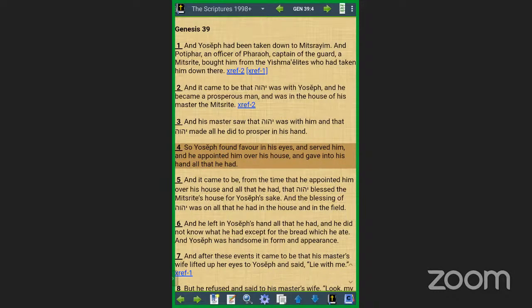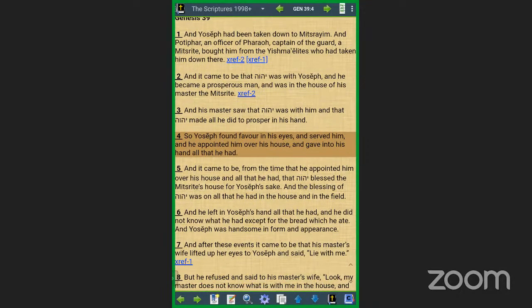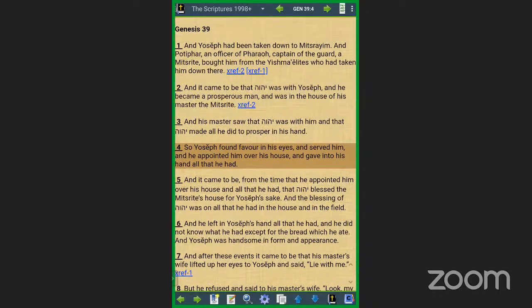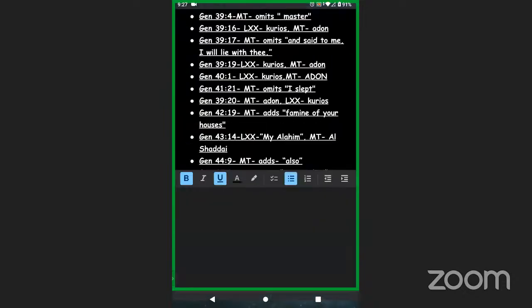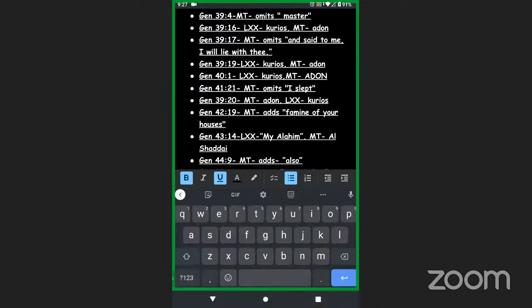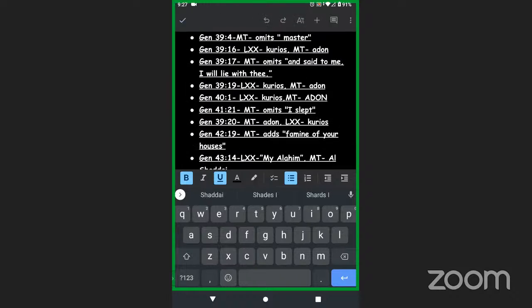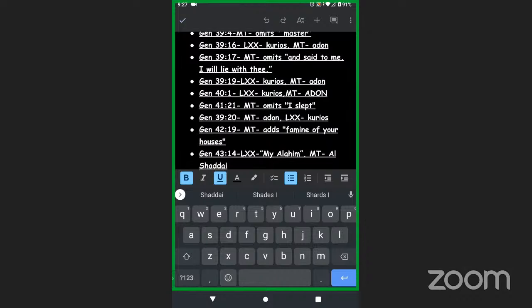They could have some weird rabbinical thing, because the context here is that he's still under Potiphar at this point, mind you, before he got into Pharaoh's house. I don't know what the reason would be, other than maybe they don't like the fact that an Israelite would be subject to a Gentile. Maybe they have a preconceived bias about that. So anyway, moving on.